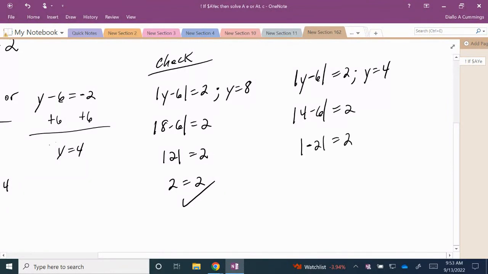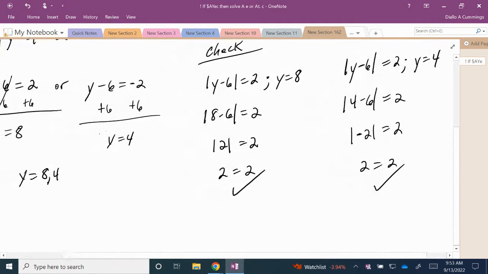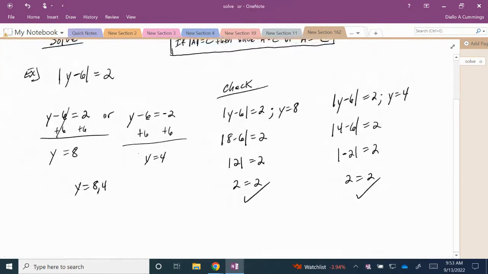Okay, and that's still within the absolute value. So if we apply the absolute value property, we have 2 is equal to 2, and that also checks out. Right now, the check is optional on these, especially when we deal with the inequalities, because in the inequalities, there may be more than a couple answers that make that inequality true.